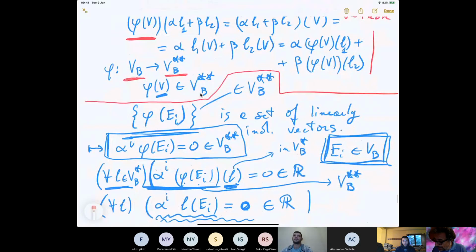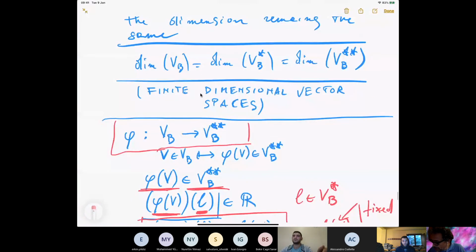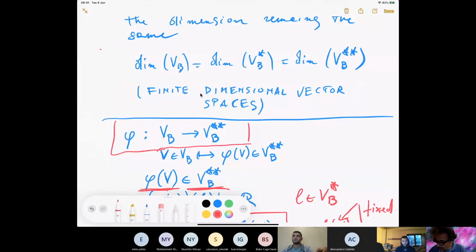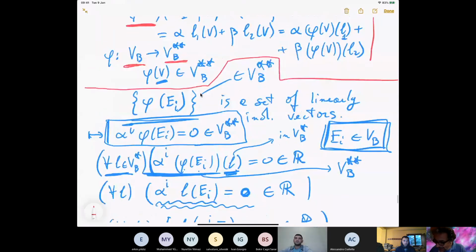Then, I told you that we already know that the dimension of V star is equal to the dimension of V. So we know that in V star star, we have a basis made exactly of the same number of vectors as we find in the basis of V. So now I will find a basis of V star star.